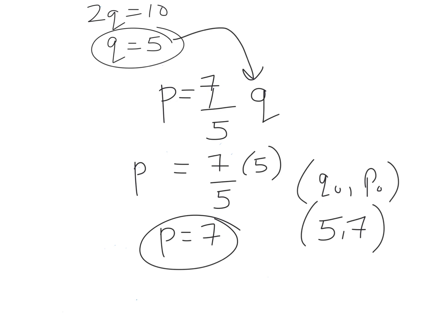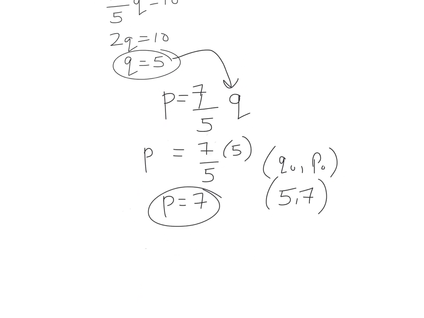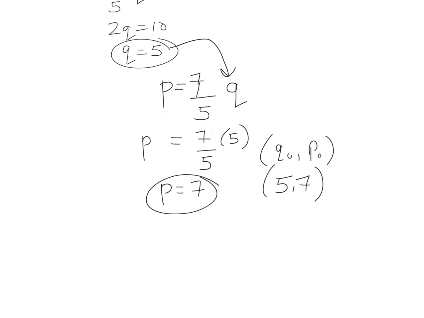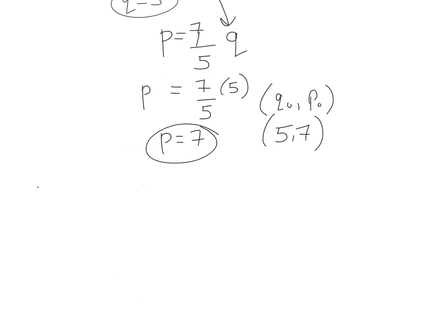So now let's look at our next step, and that is setting up the consumer surplus. So consumer surplus. I'm going to write it down. You're going to see it on your formula sheet.